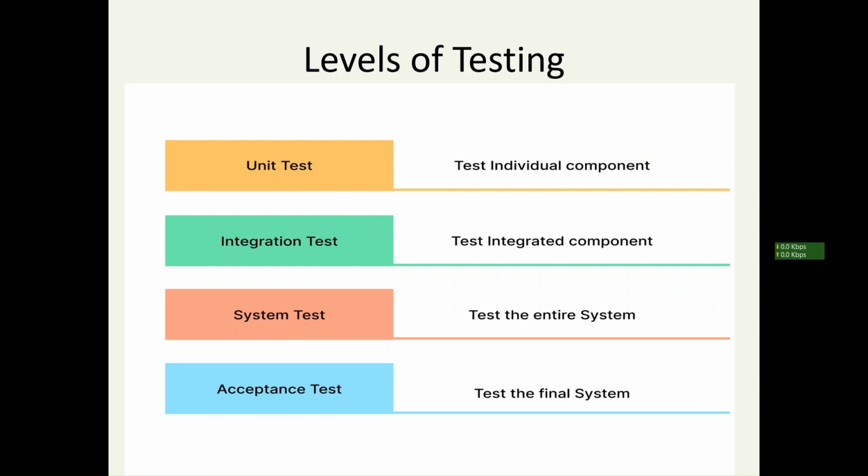We check whether all these modules are working fine, including functional, non functional, performance, security, compatibility, integrity, API, database testing. Checking all of that is called system testing. Who is going to do it? Test engineers.